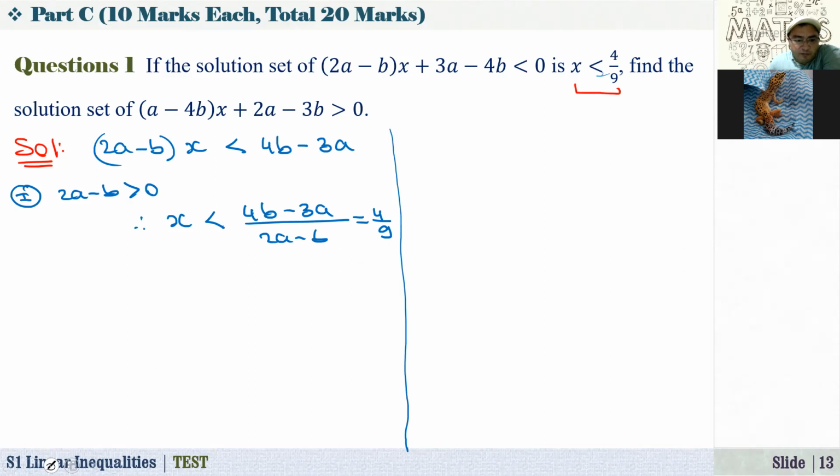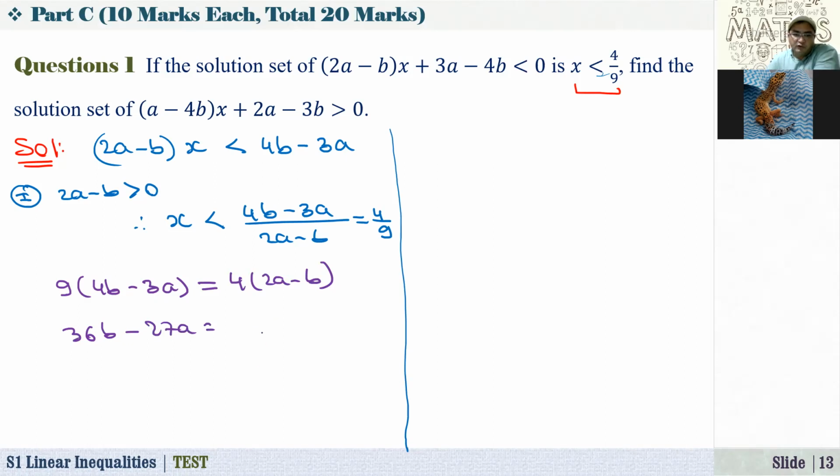If you cross multiply, multiplying both sides by 9, we have 9 times (4b minus 3a) equals 4 times (2a minus b). Expanding, 36b minus 27a is equal to 8a minus 4b.